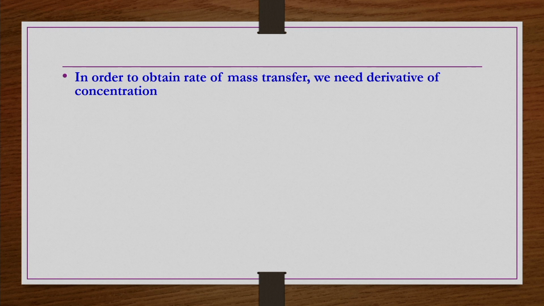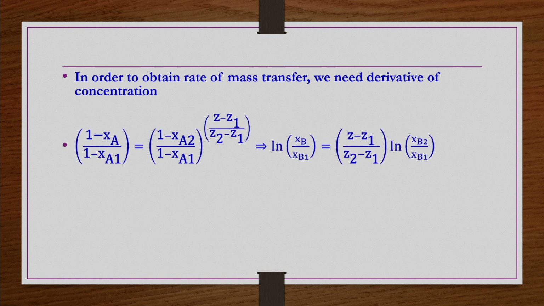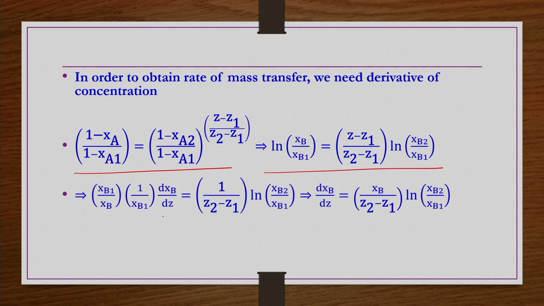In order to obtain the rate of mass transfer, we need the derivatives of the concentration profile. So, what we get is dXB by dz, and that would be easier. The XA profile, this is what we have. The same thing in XB, if you write, this is what we have. We write it in ln because we want to do the differentiation now. So, to get dXB by dz, we differentiate both sides with respect to z.